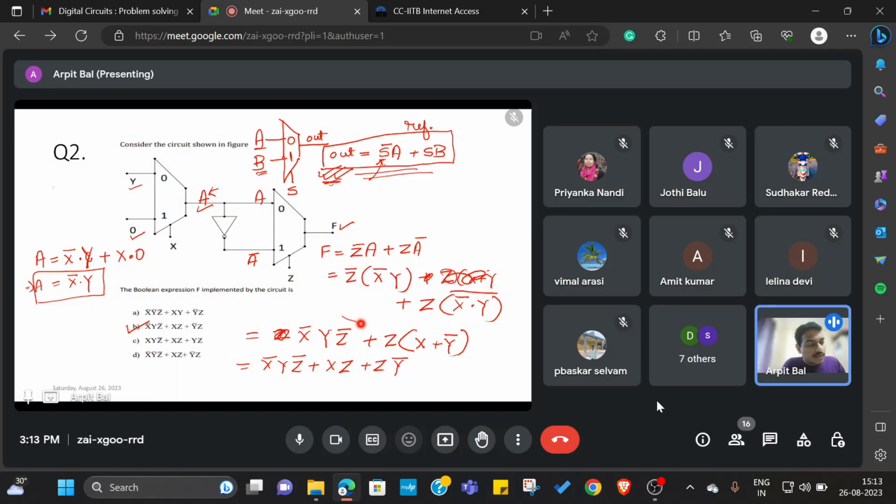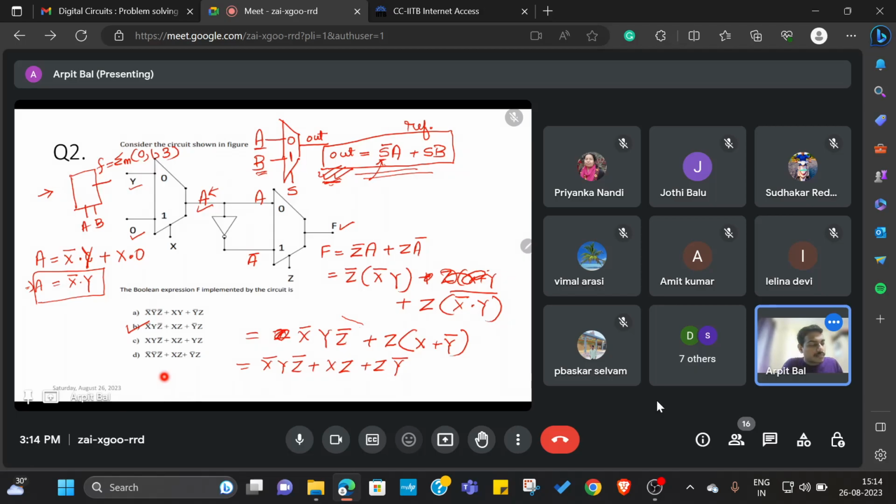Okay, so let me give a small assignment problem which you can try on your own. Let's say there's a block which takes two inputs, A and B, and it implements a function f is equal to summation of 0, 1, 3.